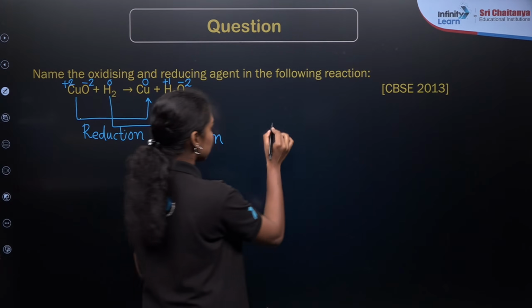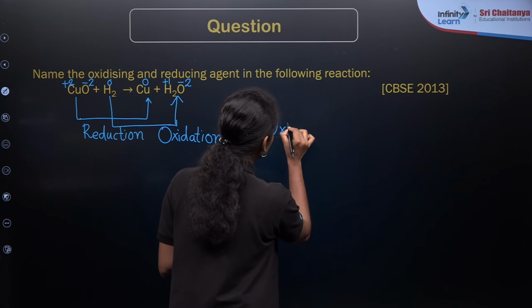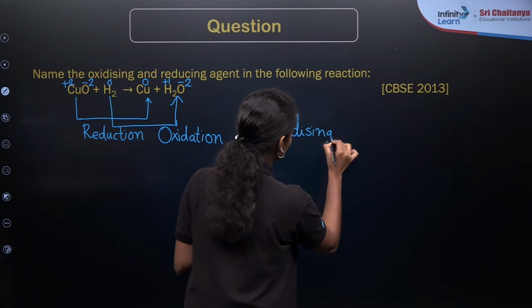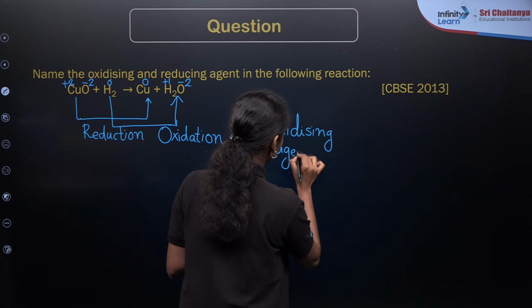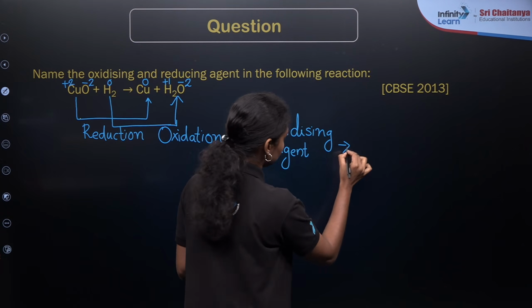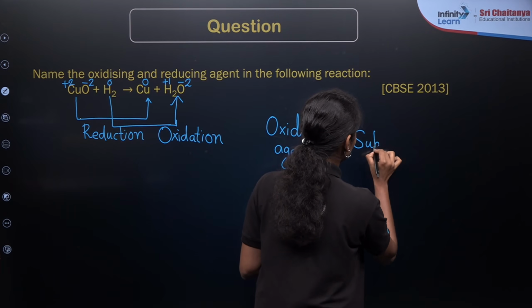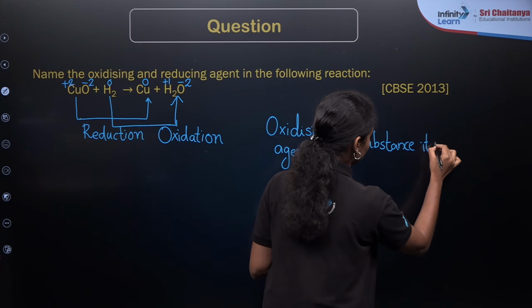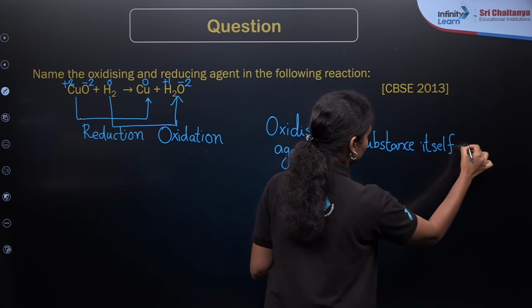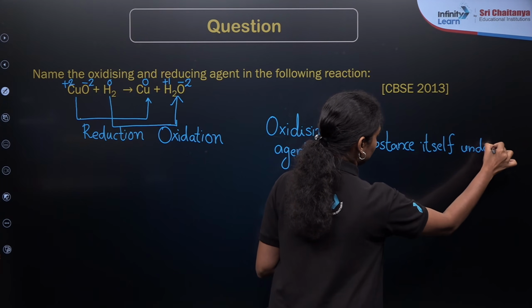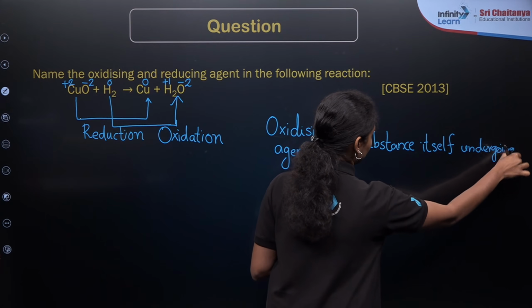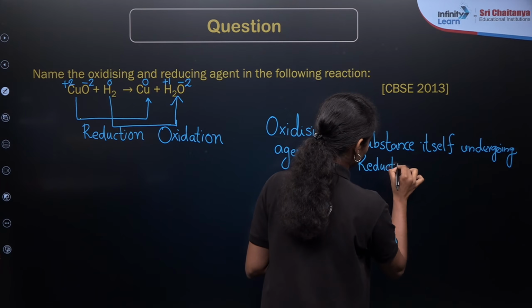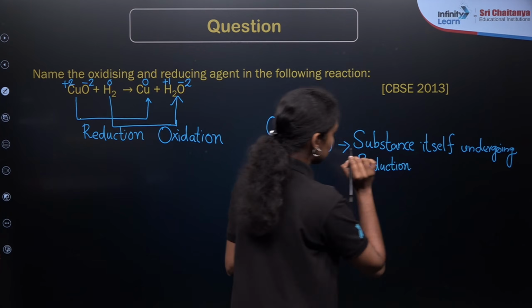So what is the role of an oxidizing agent? It helps the oxidation of another substance by itself undergoing reduction, right?